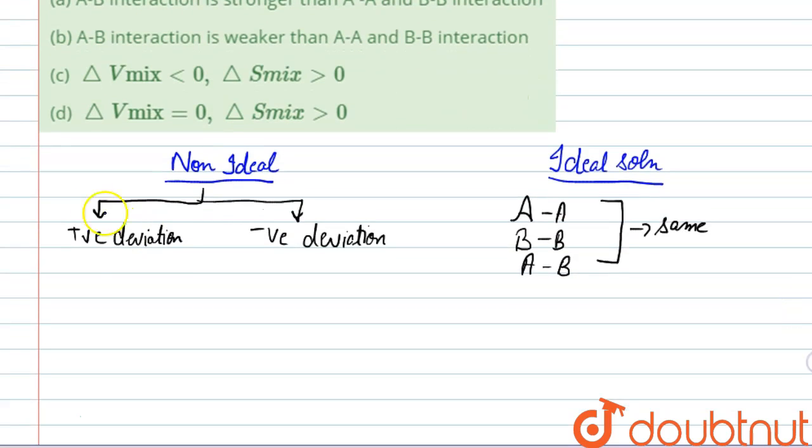We have the strength of AA and BB greater than the strength of the mixture, that is AB. This is the case for the positive deviation, in which the strength of the initial particles is greater than the strength when these particles intermix with each other.